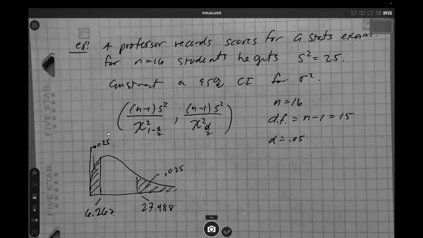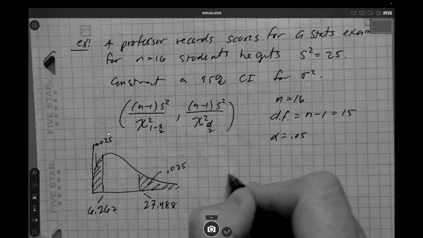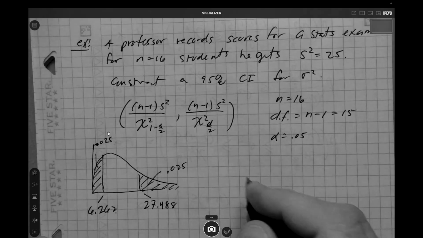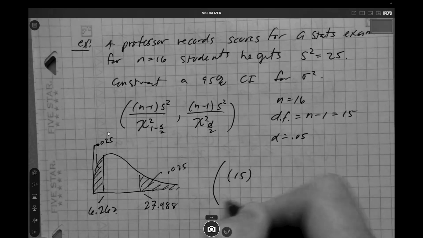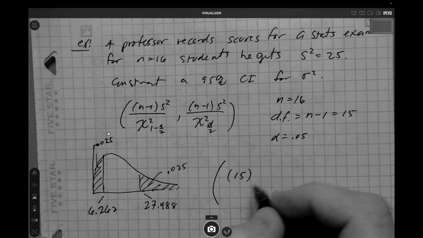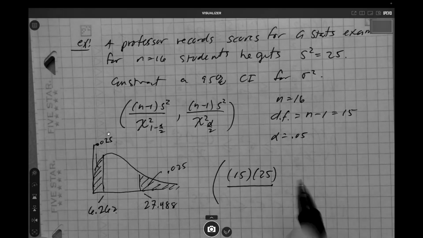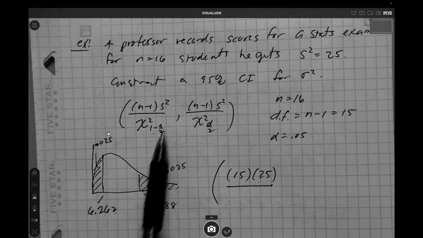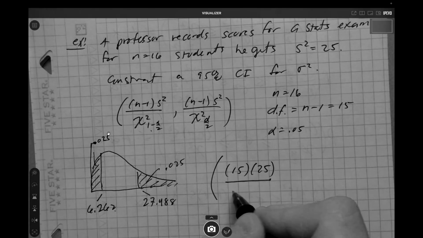Okay, and then we can just plug everything into this expression, right? So n minus 1 is 15, so we'll do the bottom one first, 15 times s squared, which is 25, divided by, now remember, this is the larger chi-square value, that's this one, 27.488.